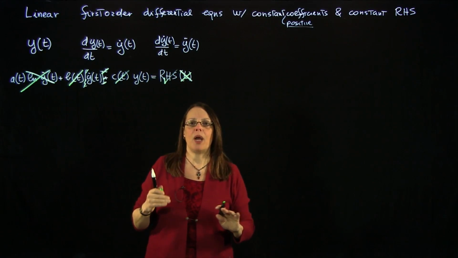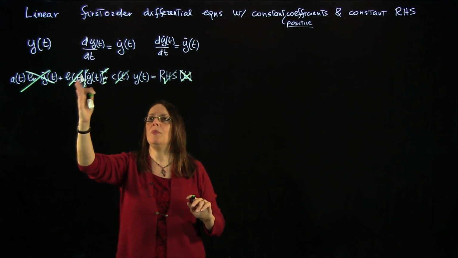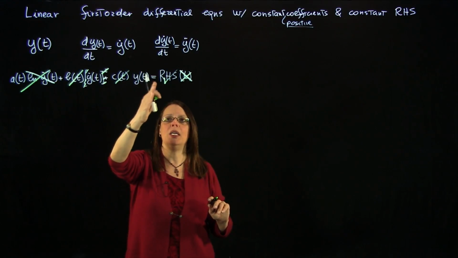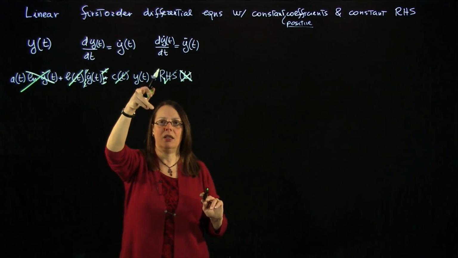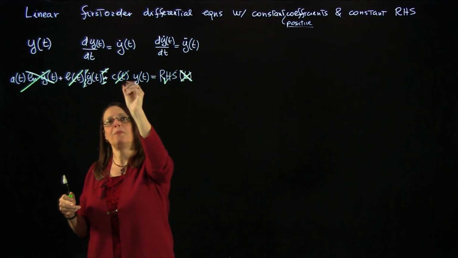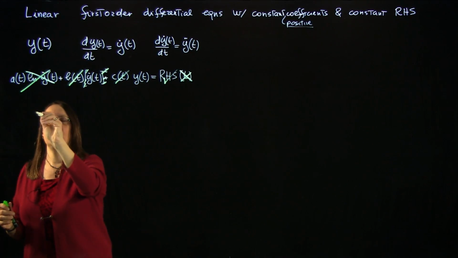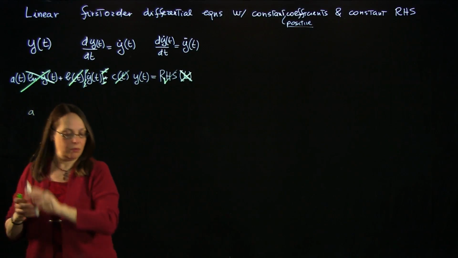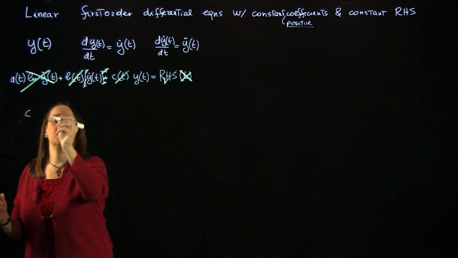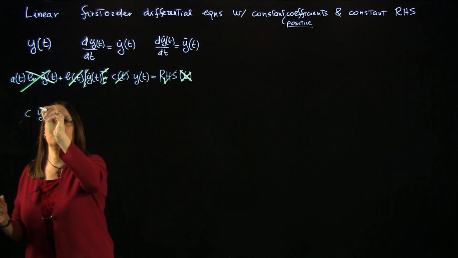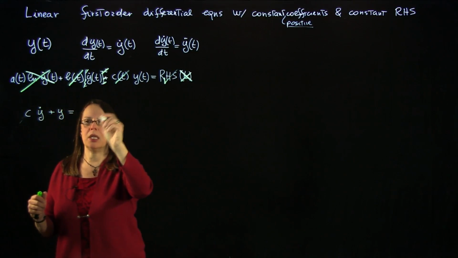Normally when you write it, it's a good idea to divide by the coefficient of y of t. So even if I tell you b y dot plus c y equal to d, write it in a form in which you divide the equation by the coefficient of the function. And so you rewrite it as, say, c y dot plus y equal to a constant.